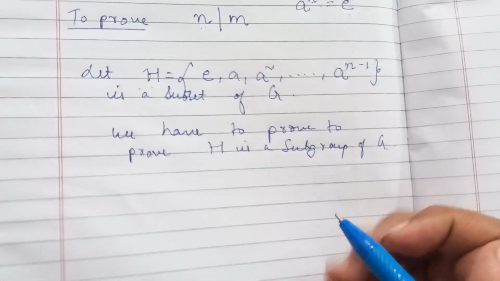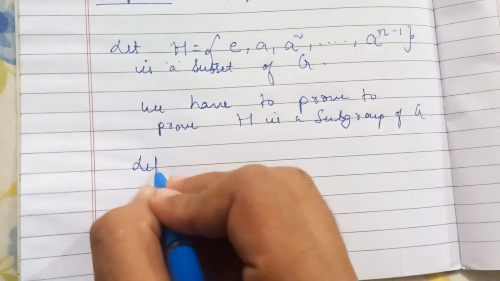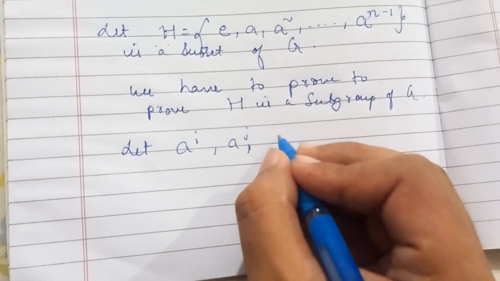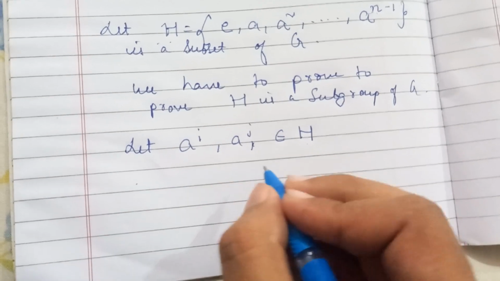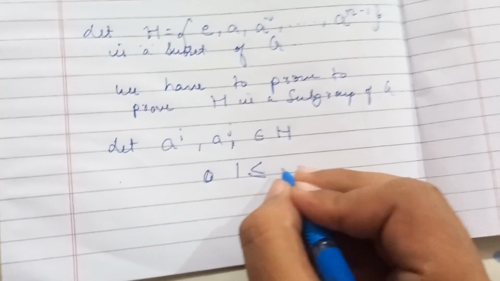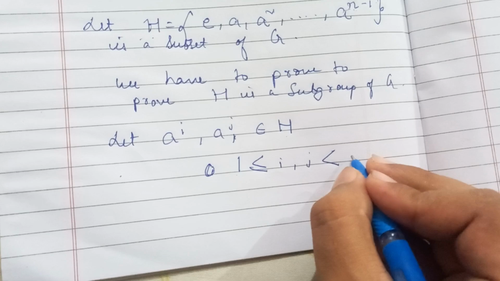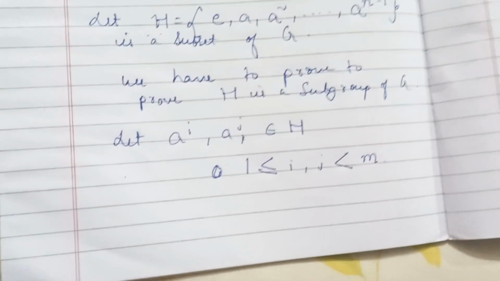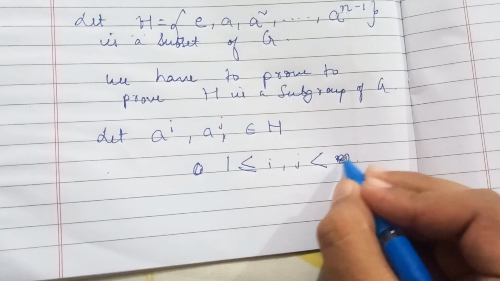So for this we have to prove the closure property. Let us take two elements, a to the power i and a to the power j, of H, where both i and j are greater than or equal to 1 and less than n.